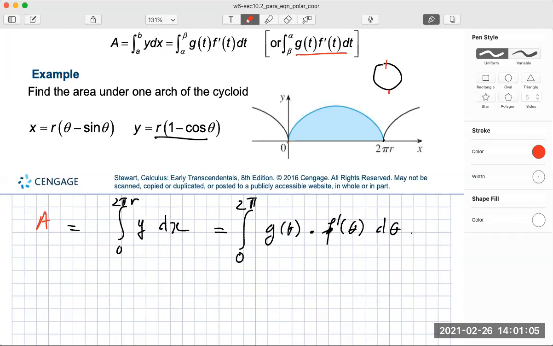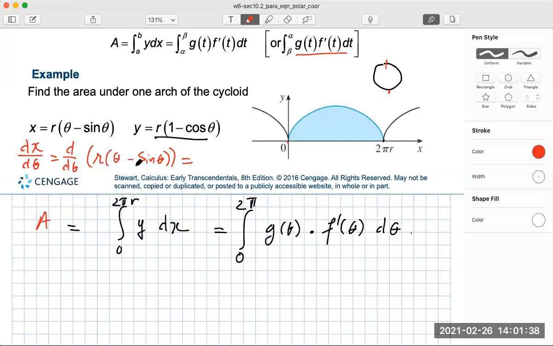Then what we need to do is to compute f prime of theta, right? Which is the derivative of this guy over d theta, right? And what is it? Now, when we take the derivative with respect to theta, r is simply a number, right?